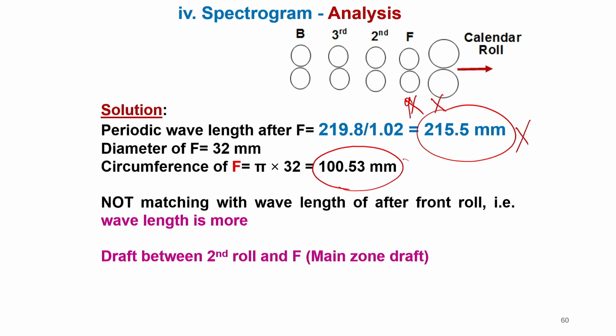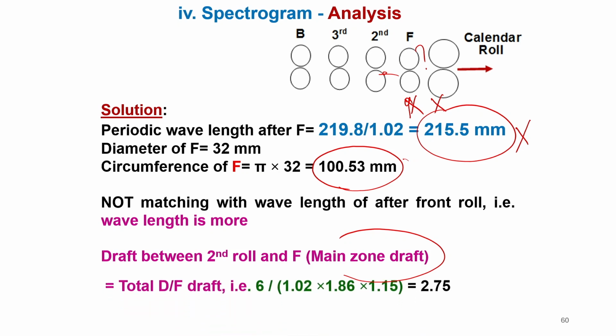Now, coming to the next zone between the second roller and front roller, which is the main draft, and here the draft is not given. We have to calculate this main zone draft.